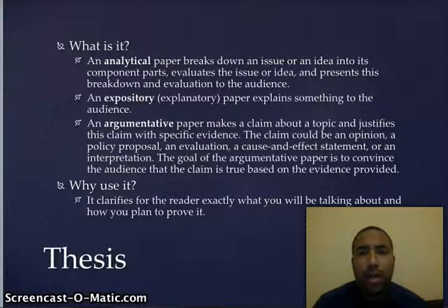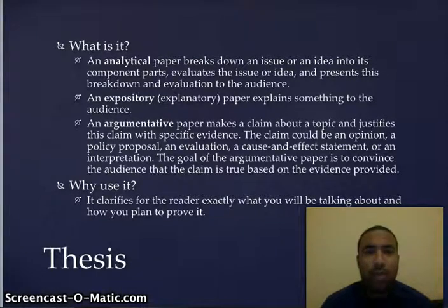Now, what is it? Well, thesis statements are broken into 3 different types. So you have the analytical paper, which breaks down an issue or an idea into components or parts, evaluates the issue or idea, and presents this breakdown and evaluation to an audience.